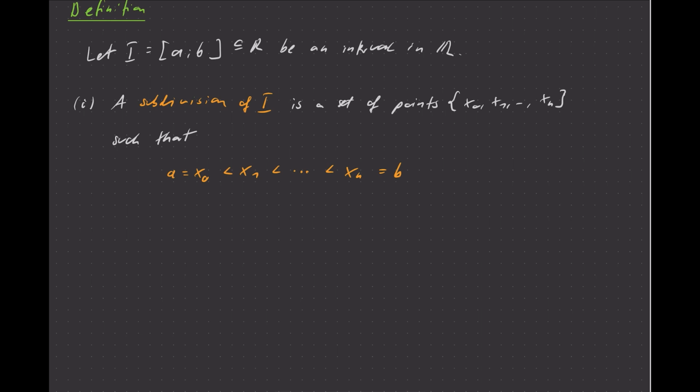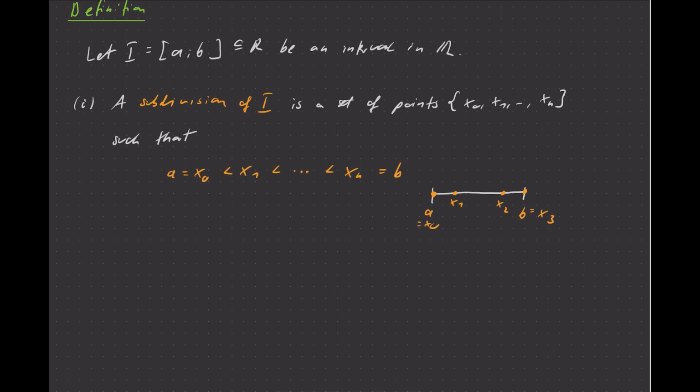So for our interval, say here's the interval from a to b, here's a, which is equal to x0, here's b, which is equal to xn, let's say x3 for example, and then we have 2 more points, x1 and x2, which are more or less arbitrary points in that interval, with the only requirement being that they are ordered and not equal to the endpoints.